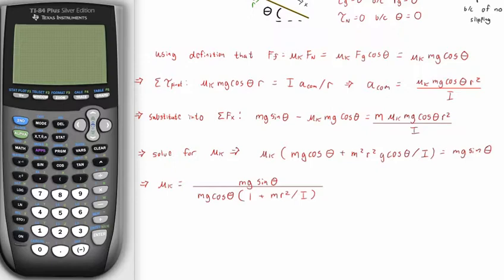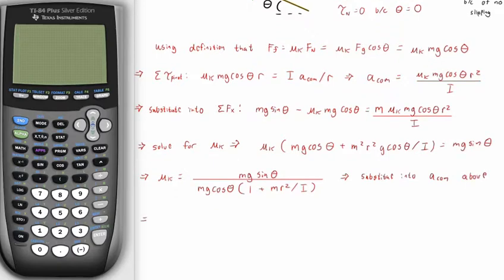Now substitute into A com above. So the acceleration of the center of mass is going to be mg sine theta divided by mg cosine theta times 1 plus mr squared over I, times mg cosine theta r squared.